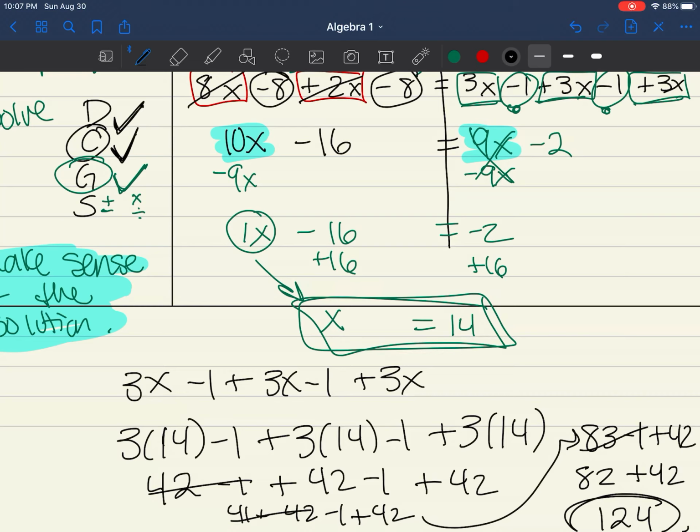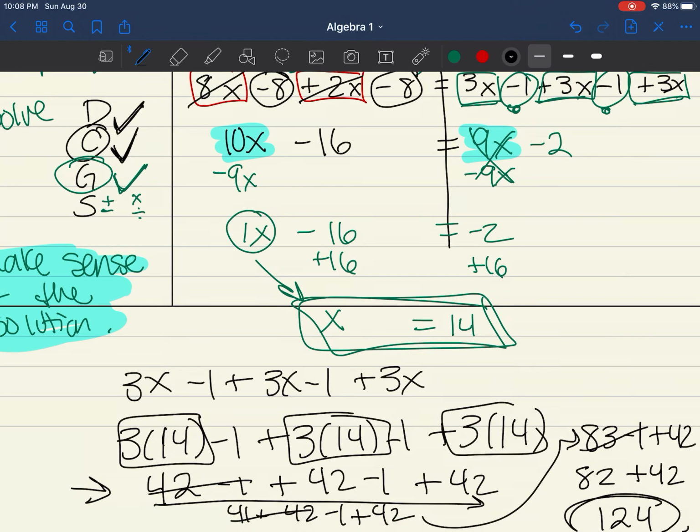Notice when I got to a point where it was just all adding and subtracting, I did it all the way left to right when I was simplifying that expression. I had to do the multiplication first because I was following PEMDAS here. So this part in which I just plug in for x, that's all PEMDAS.